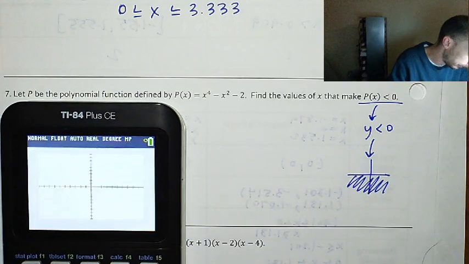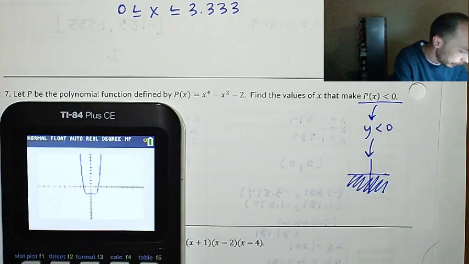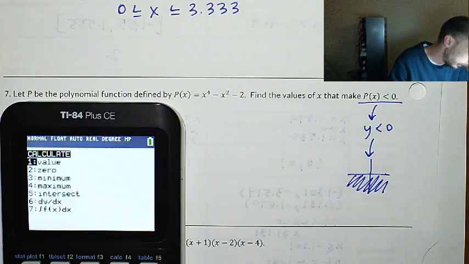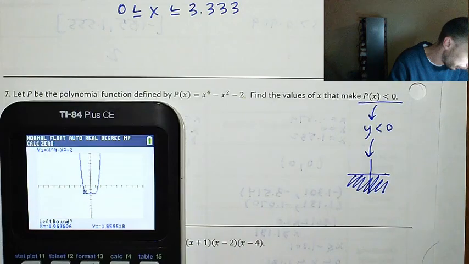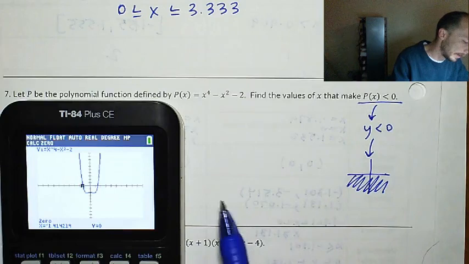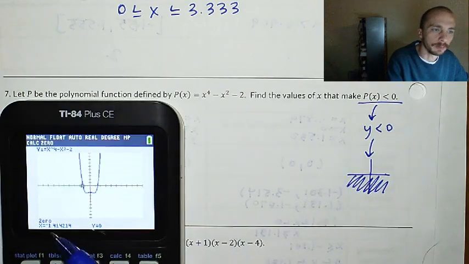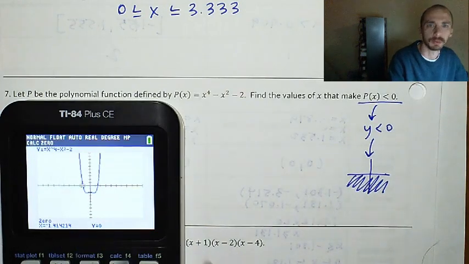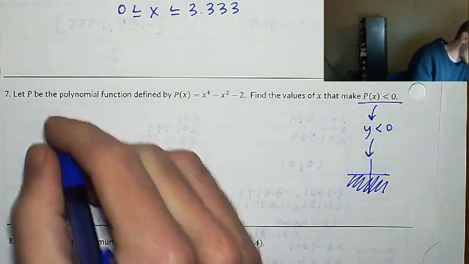So I'm going to zoom back to the standard window. Okay, zoom 6, and then I'm going to calculate a 0. Okay, this thing looks pretty symmetric, so I'm more or less certain that the other one's going to be positive 1.414, which, yeah, that's square root of 2, I think.